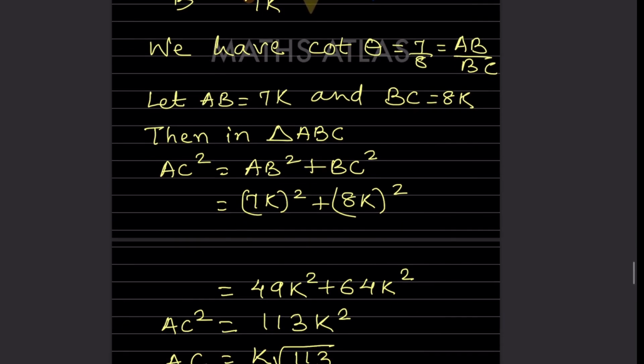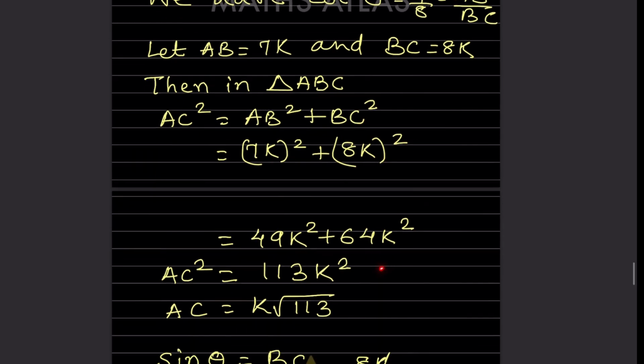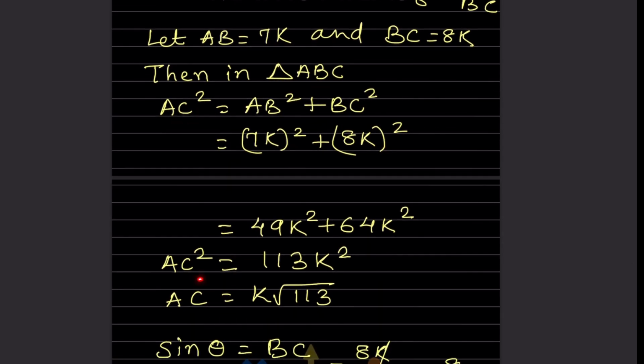When you expand it, you have done this in exponents, this into this is very important. 7 square will be 49, so 49 k square, and this will be 64 k square. So for AC, AC square, when you add this, that will be 113 k square.